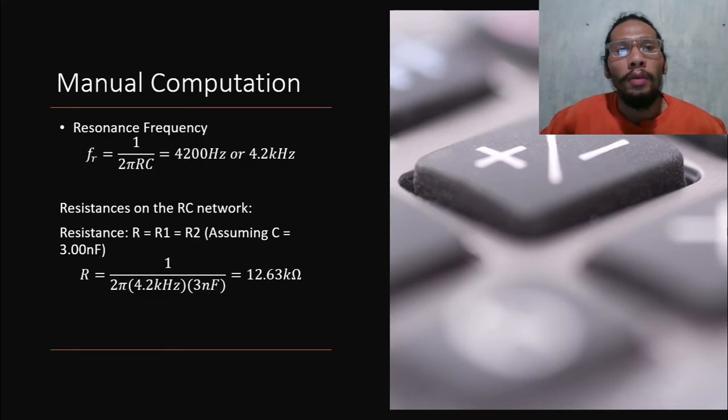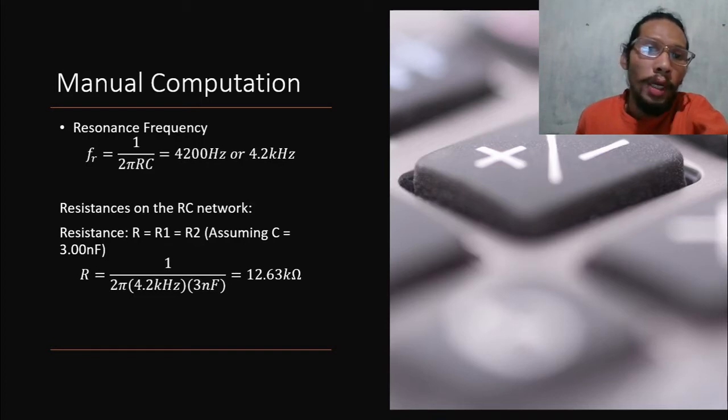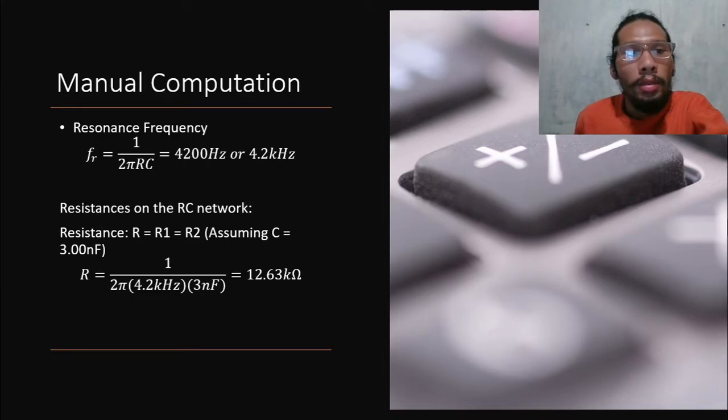So for the manual computation of the resistance of the RC network, I use the resonance frequency formula, which is FR equals 1 over 2 pi RC. My target resonance frequency is 4200 Hz or 4.2 kHz, and assuming that the capacitance is 3 nanofarads, I can get the value of my resistance for R1 and R2.